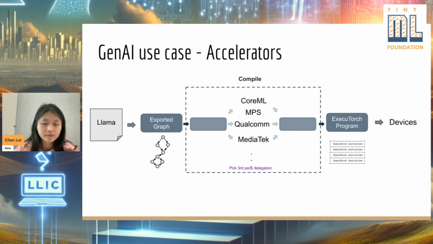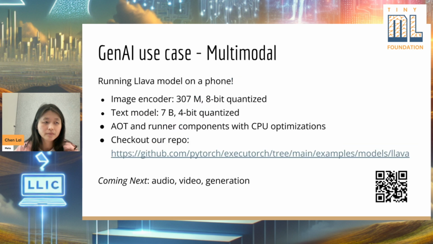Now, as I mentioned, LLAMA 2, 3, and 3.1 and other LLMs can run on phones through these accelerators. We also support multimodals. Here's an example to run Llava models with both image and text inputs.